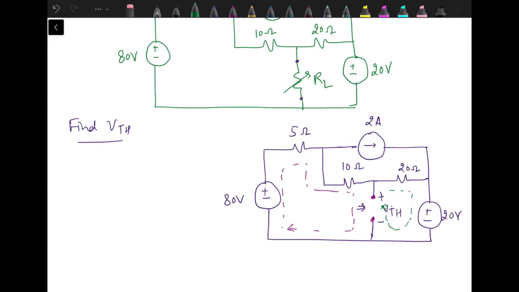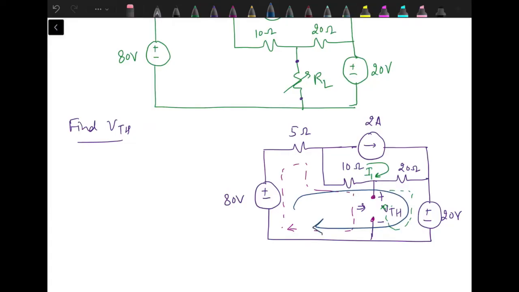Now how can we calculate the current? We can apply mesh analysis. Let's say current I1 is flowing through this mesh. I2 is the current flowing through this mesh.